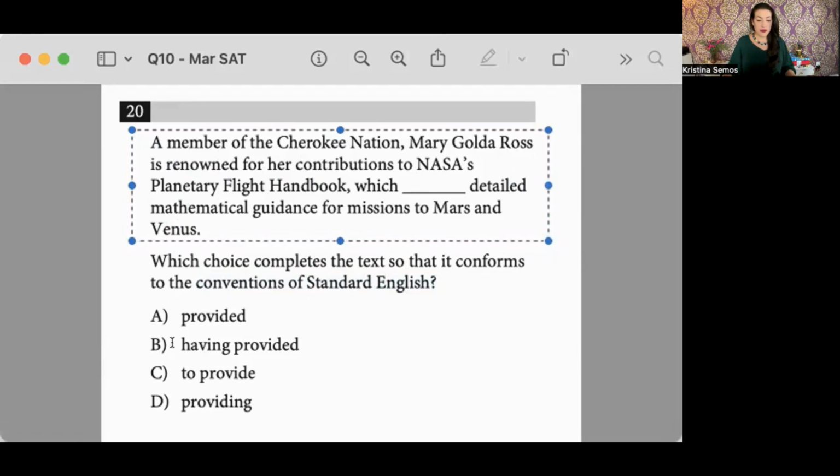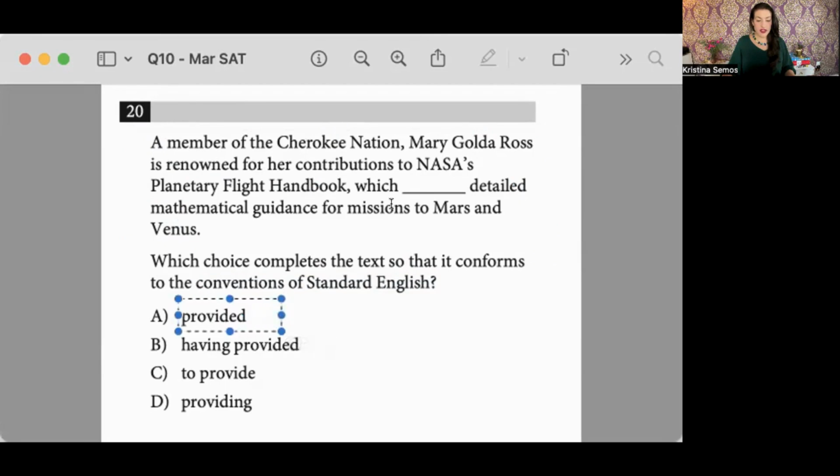Okay, so let me just start plugging things in. Which provided, well, yeah, I need an actual conjugated verb here, right? Because this is going to be a complete sentence, and then the comma which.